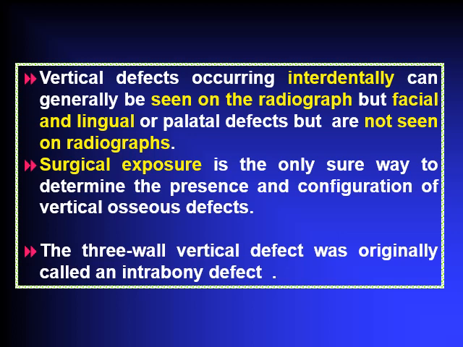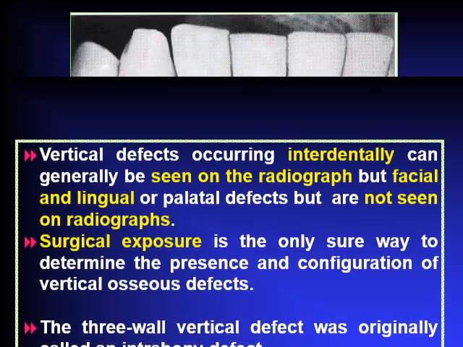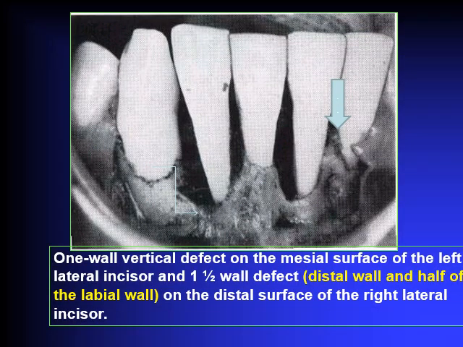As I mentioned to you, a 3-wall vertical defect, I stress on that, was originally called an intra-bony defect because it is a defect with bone all around except 1 wall. This is an intra-bony defect. While a 1-wall vertical defect is called a hemiseptal defect. See here, there is in this radiograph a 1-wall vertical defect on the mesial surface of the left lateral incisor.